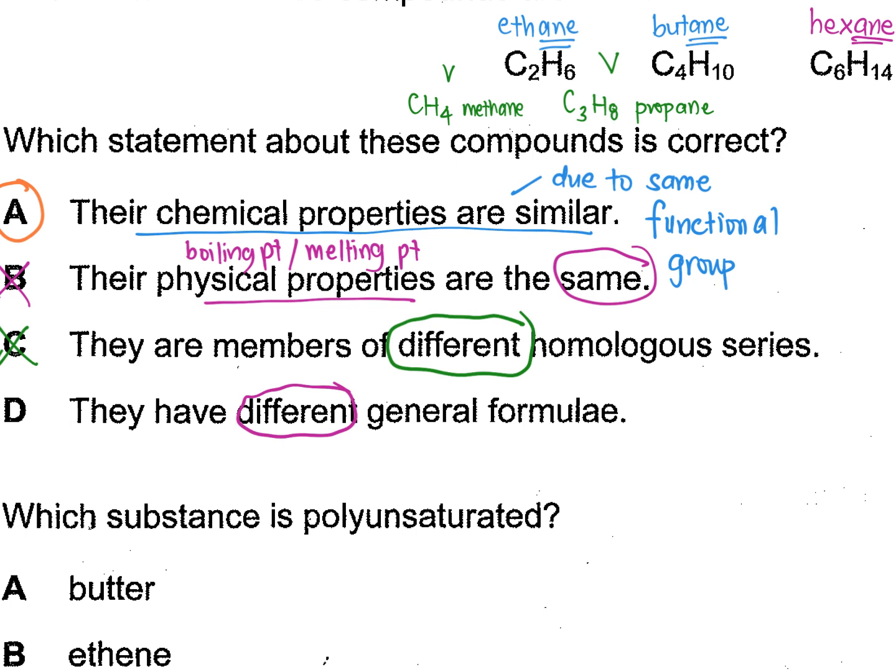So alkane is substitution reaction, alkene is addition. Alcohol? Fermentation is to make alcohol. It's not fermentation. Oxidation, because of the hydroxyl functional group. Combustion is for all. So you need to look at the unique chemical property that that particular homologous series can undergo. Okay, so this one is done.